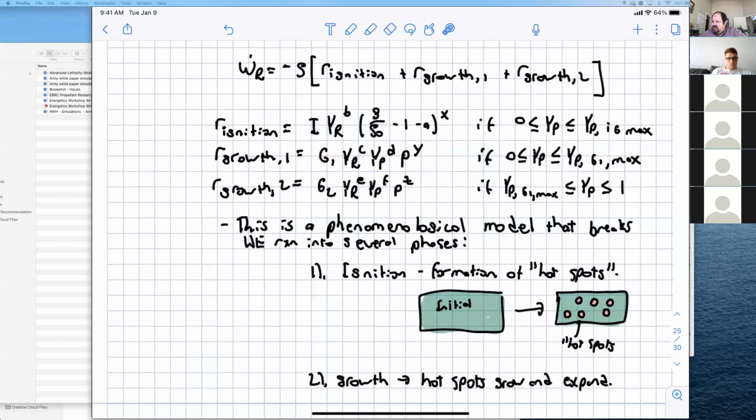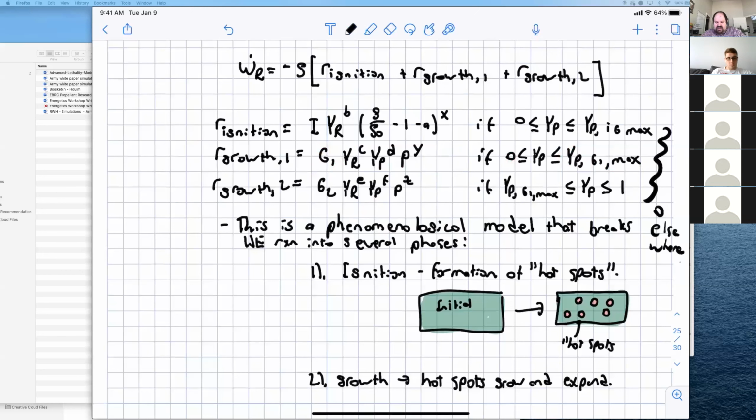Okay. And so after it passes the Y mass fraction at G1, it transitions from growth 1 to growth 2. Yep. And then basically all of these are implicitly 0 elsewhere.